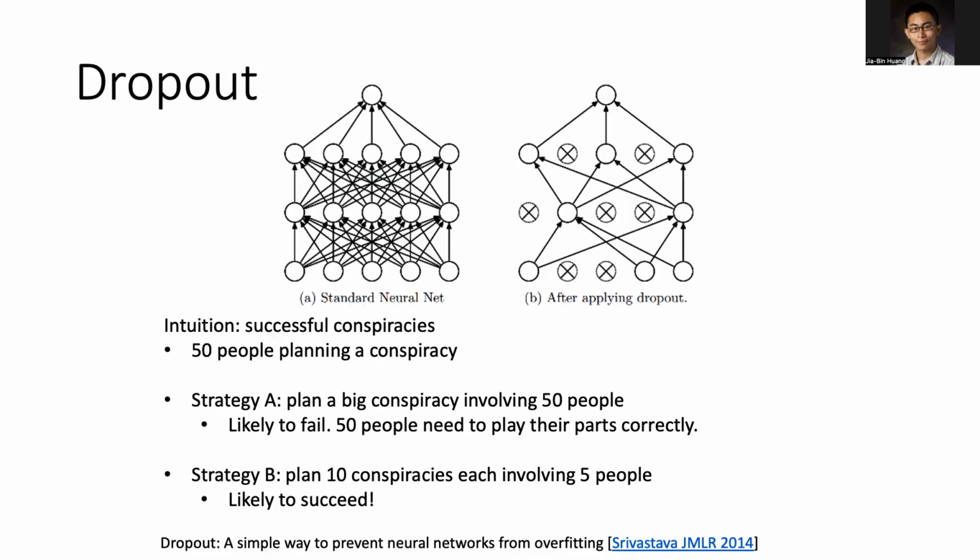It's hard to make everyone coordinate correctly. Strategy B is to plan 10 conspiracies, like 10 pranks or bad things, each involving only 5 people. There is a much higher chance to succeed because you only need 5 people to make it work. So this is a very simple but very effective method to train these models, and it's being used everywhere. Any neural network training will probably have dropout inside.